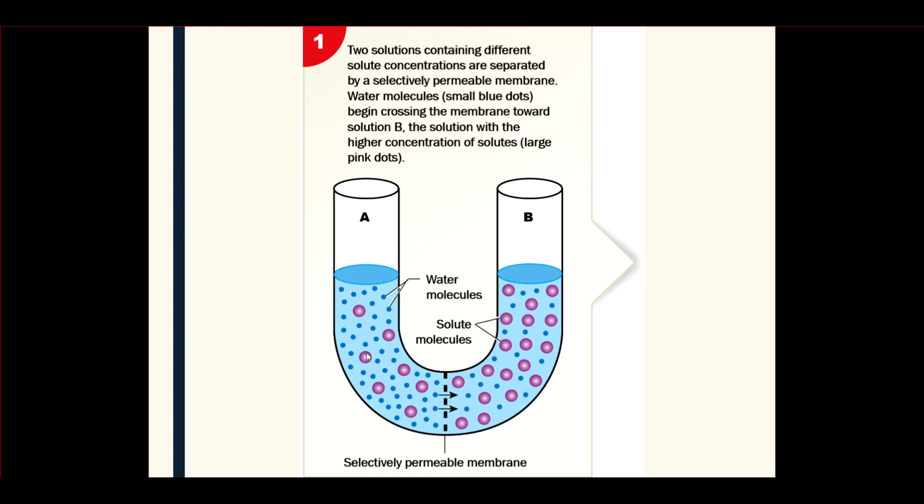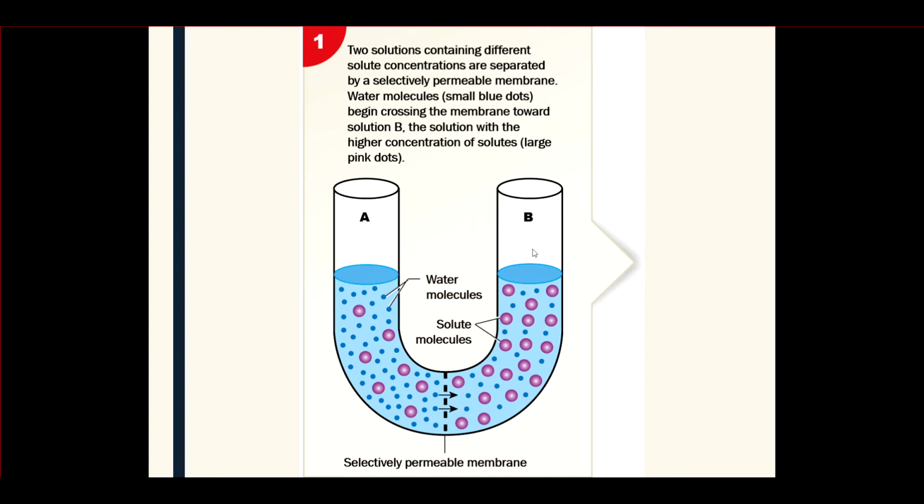Then on this side of the tube, there are some dissolved substances. Let's just say these would be salts, just as an example. Then the dotted line in the middle represents the selectively permeable membrane. Now, these big salt solutes cannot pass through that membrane, only water. This membrane is selectively permeable to water.